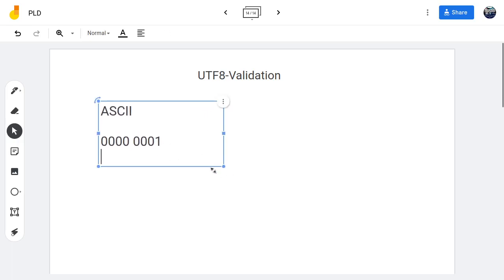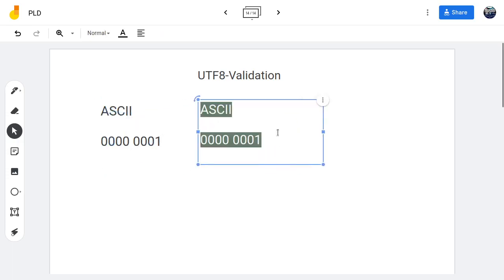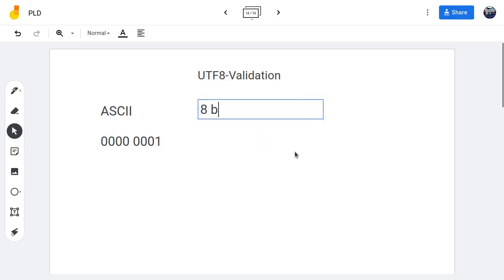Okay, let's take a little rewind. 8 bits equals 1 byte, right? And the 1 byte represents a character. Remember, C programming teaches us that the size of a character is 1 byte, right?